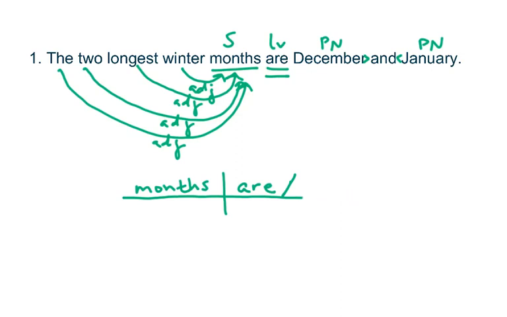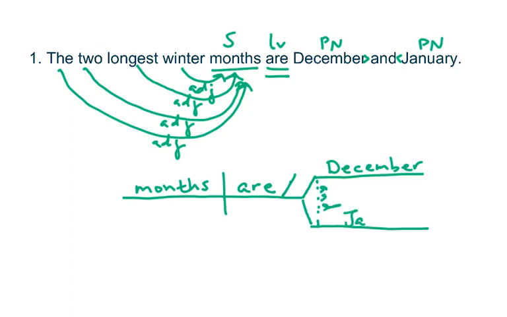So I will have to make space for my compound because we have 2 predicate nominatives. Months are December and January. These are the main parts of our clause.